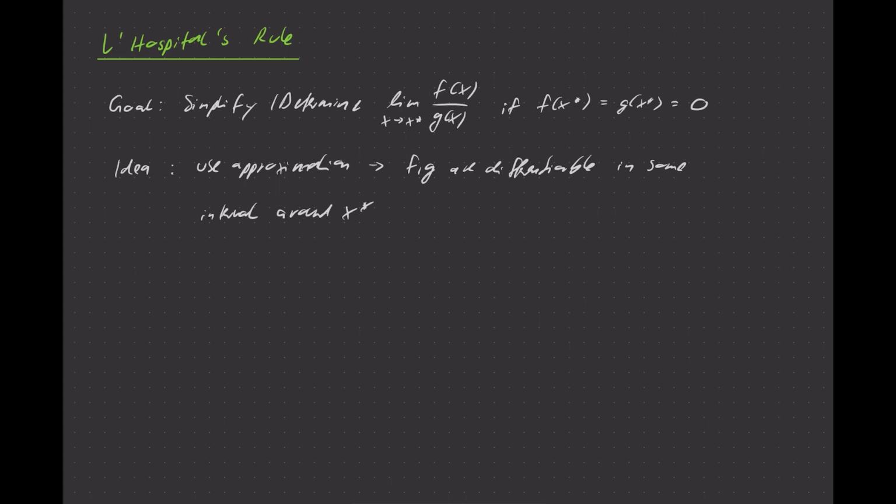Then we can approximate the functions f and g in some vicinity of that point x star. As long as we're close to x star, we can obtain a good approximation through the derivative.